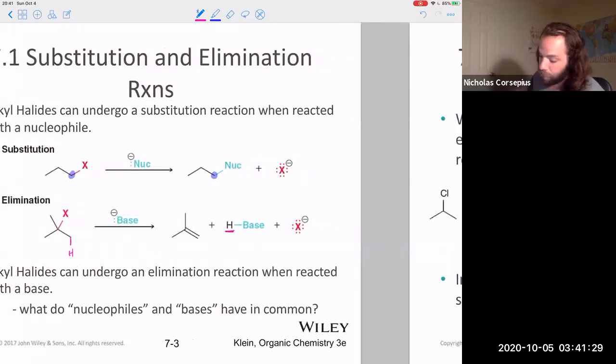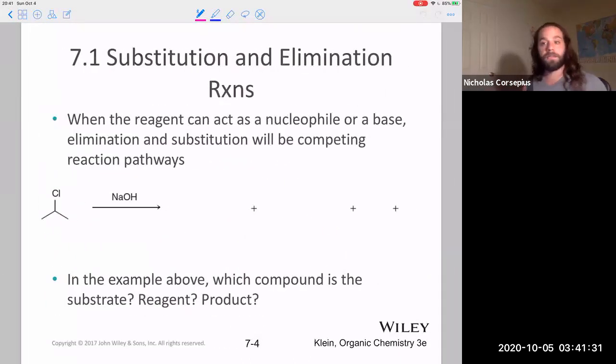Now, nucleophile, base, we use these two terms to describe molecules in terms of their behavior. Nucleophiles attack electrophiles, whereas bases accept electrons. But let's take a look at this compound right here. We've learned from our last chapter that this is both a base and a nucleophile.